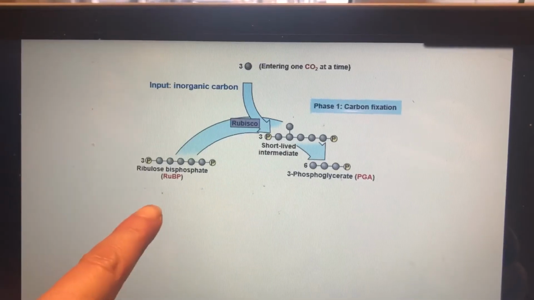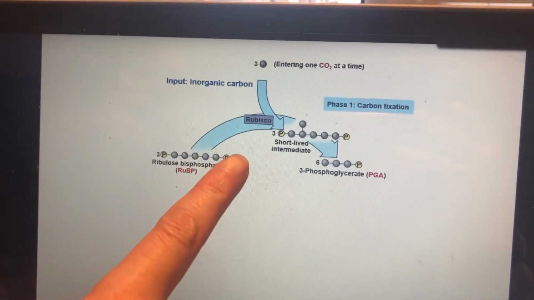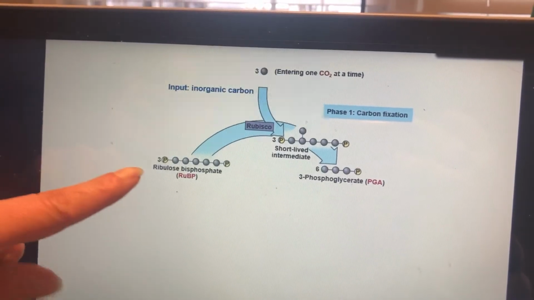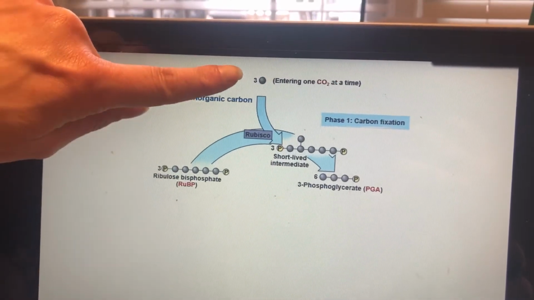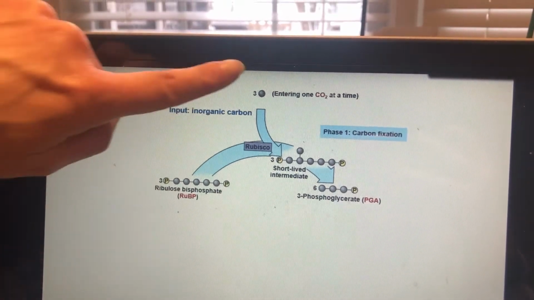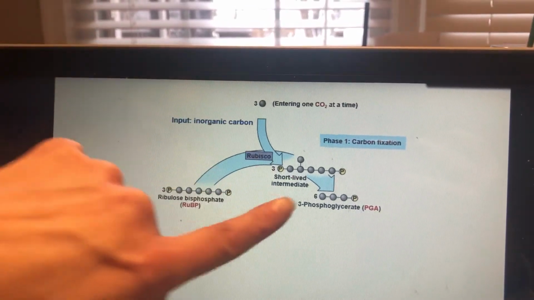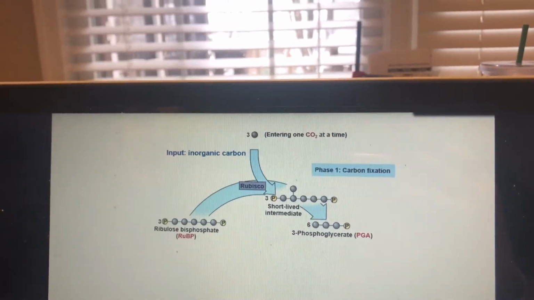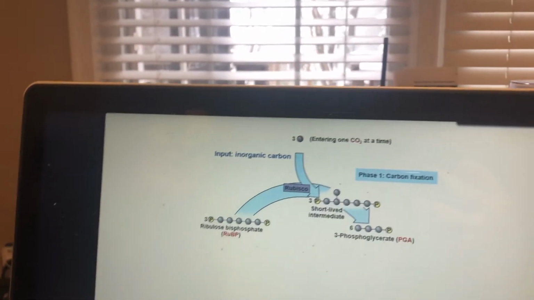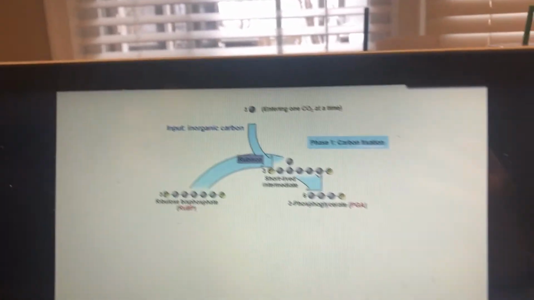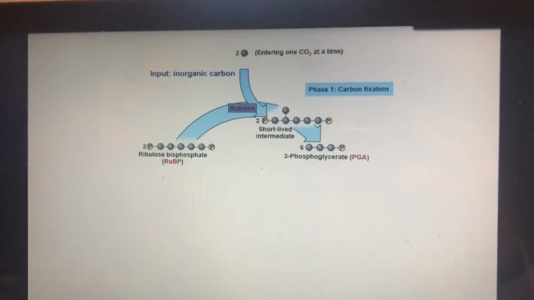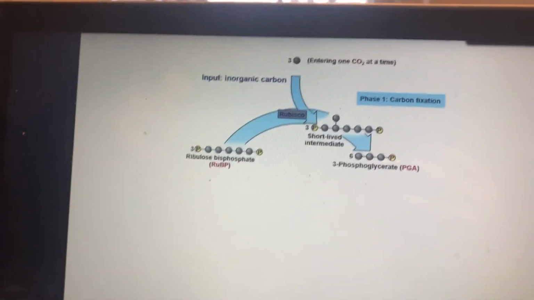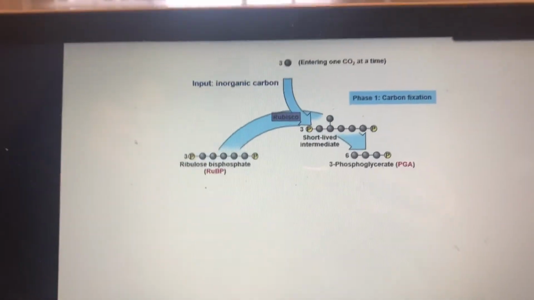So if you have 3 RUBPs, 3 carbon dioxides can be bonded, 1 to each. So we get a 5 carbon molecule plus a 1 carbon molecule makes a 6 carbon molecule. This intermediate is so short-lived, it breaks in half so quickly that we don't even name it here. Most diagrams at the 9th or 10th grade biology level don't include the name of that 6 carbon molecule.